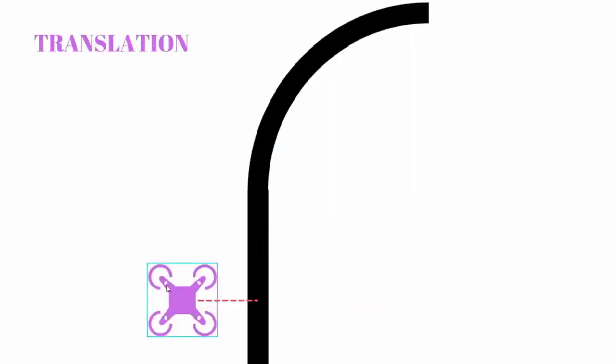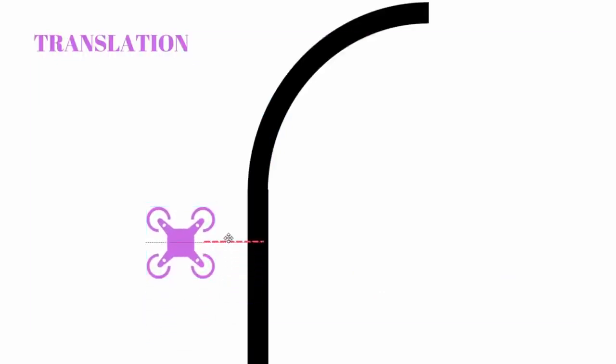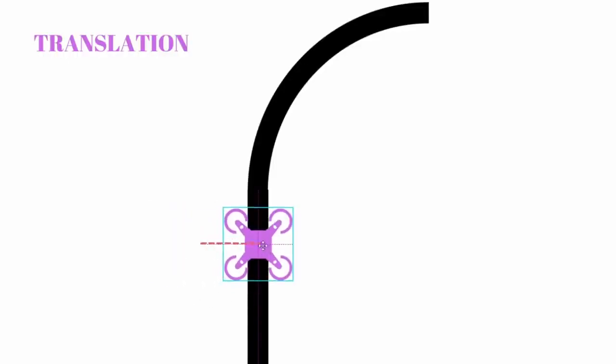So this is the idea of translation, that when the drone is moving, at any given point, we will try to find the center of our black line and where the drone is. So if the line detected is right in the center, we will keep going forward.